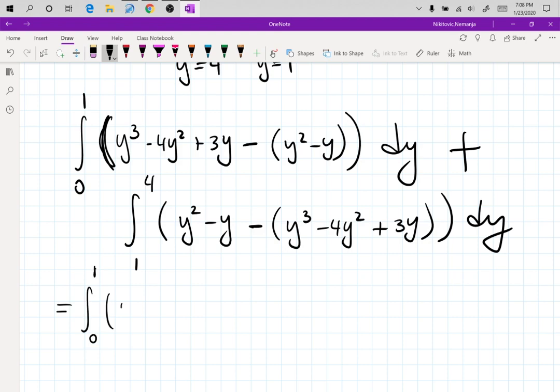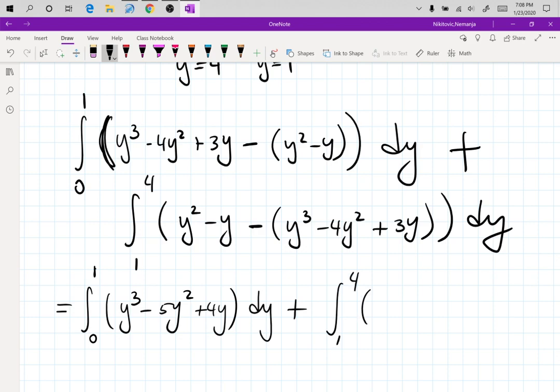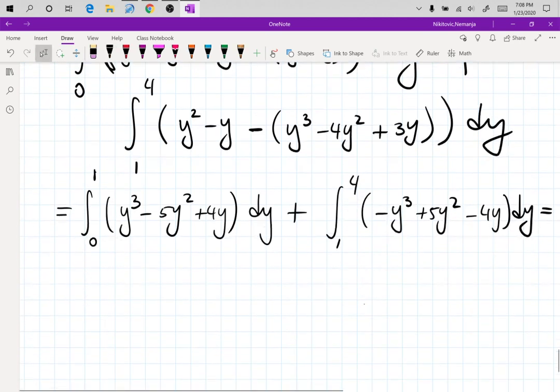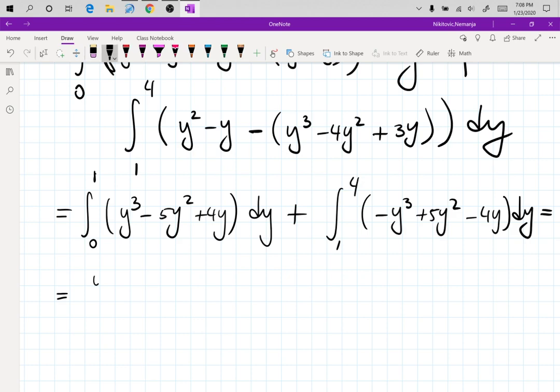We simplify this into y cubed minus 5y squared plus 4y dy, and then plus integral 1 to 4 of, if you want it in order, negative y cubed plus 5y squared minus 4y dy. Integrate everything.